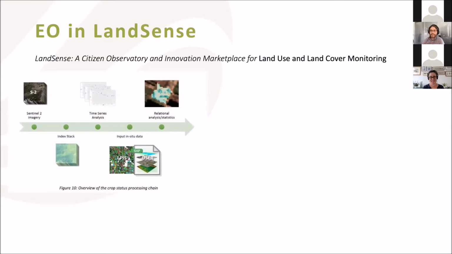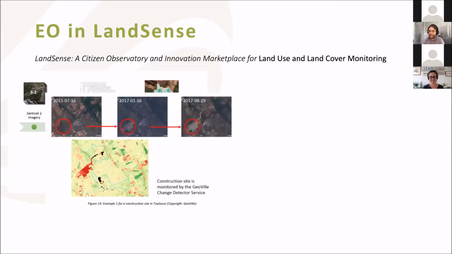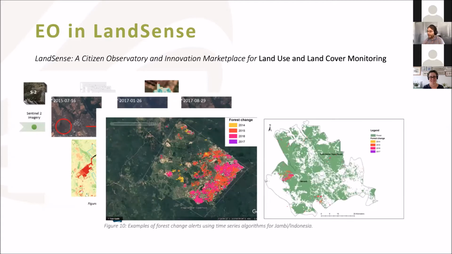So just to give you a quick overview of what we've done. We've used Sentinel-2 imagery for agricultural monitoring. We've used it, and this is what Ian already showed, in the change detection in urban landscapes. We've used, again, Sentinel-2 and Sentinel-1 data for forest change detection, particularly in Indonesia and Flores Island.